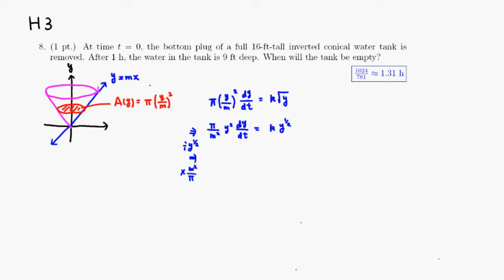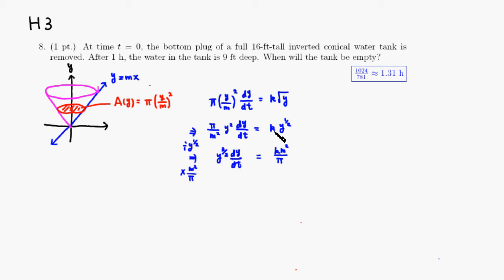Then y squared divided by y to the 1/2 is y to the 2 minus 1/2, which is the 3/2 power, and I still have dy over dt. This is equal to k m squared over pi.